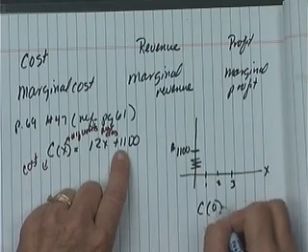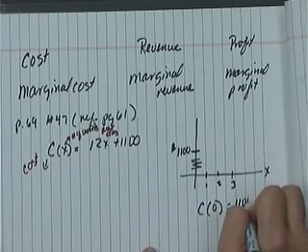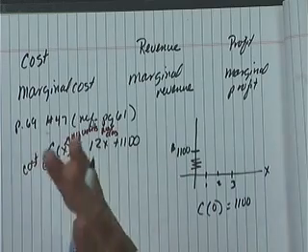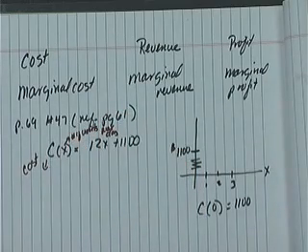Somebody translate for me what C at 0 equal 1100 means. Right. Before you ever make that first shirt, it's going to cost you $1,100. That's called a fixed cost. That's for your building, your equipment, insurance, rent, whatever. That's your fixed cost. It just costs you that much to even get started.